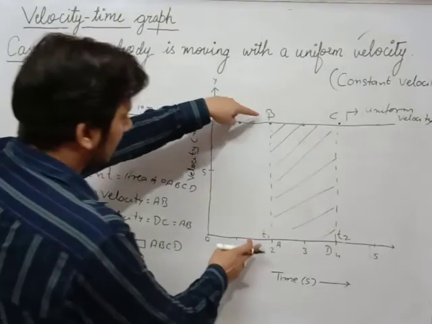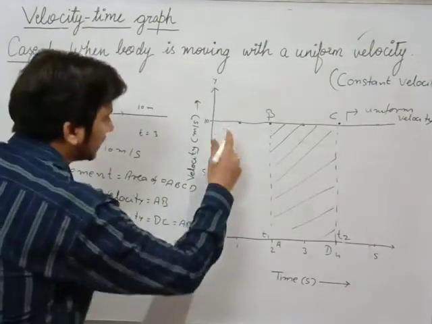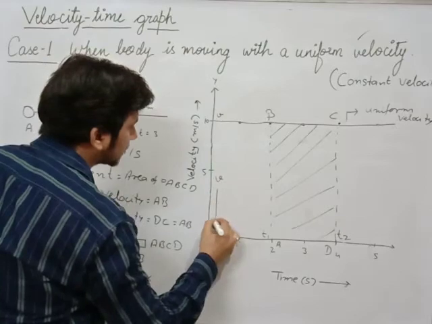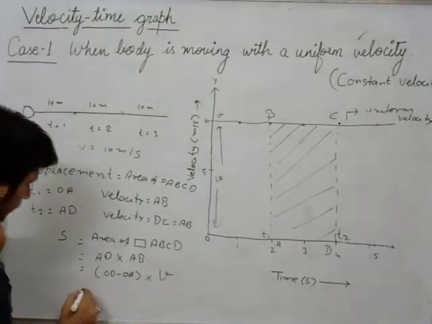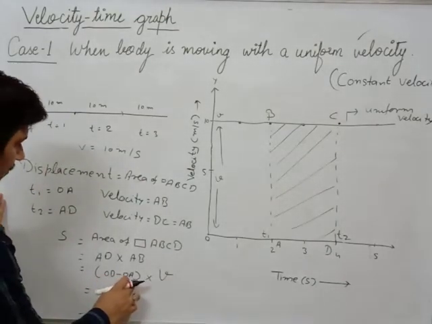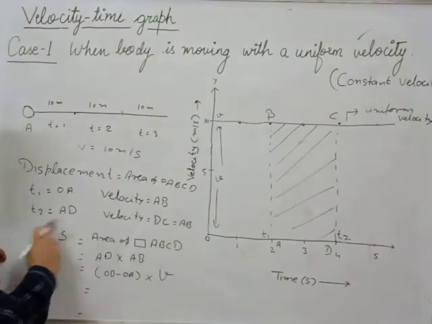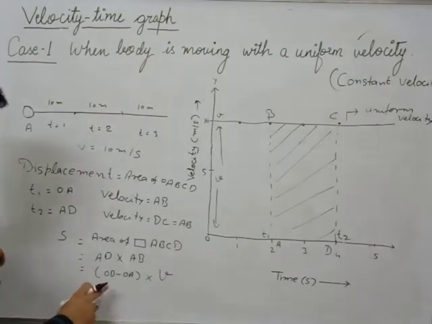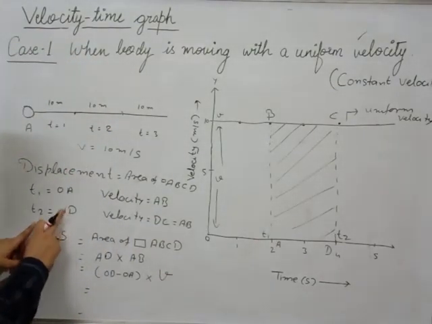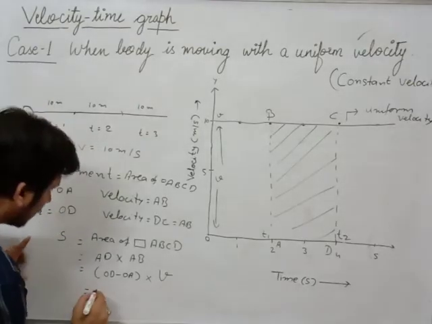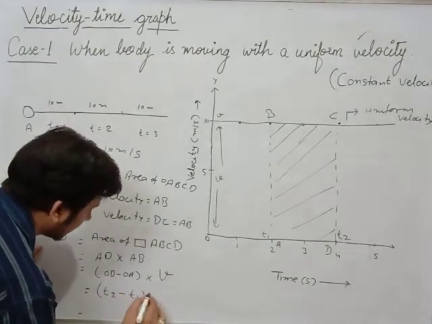AB equals the velocity V. Now OD equals t2 and OA equals t1, so displacement equals (t2 minus t1) into V.